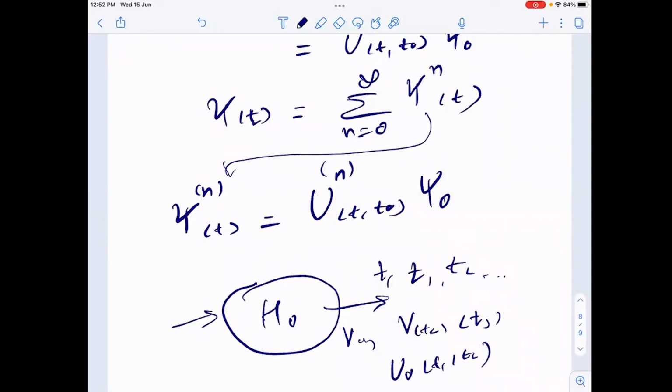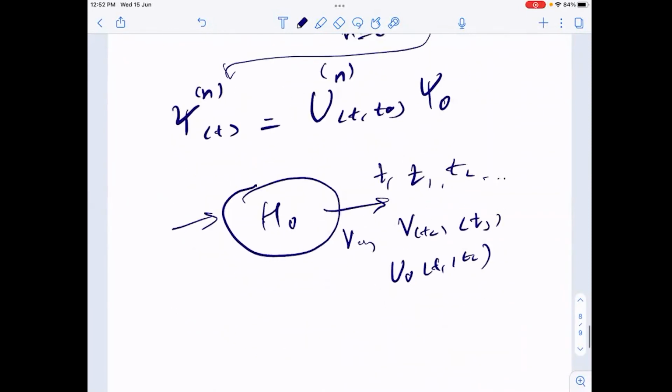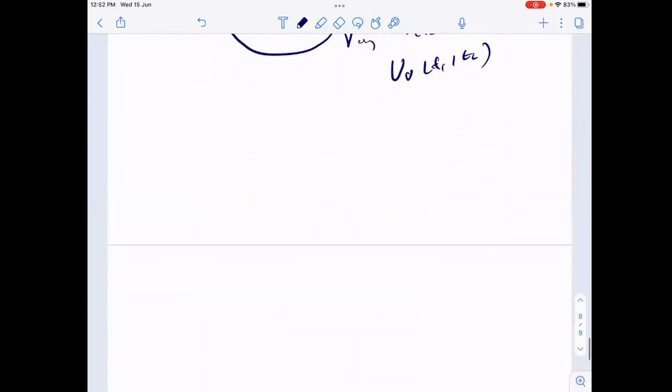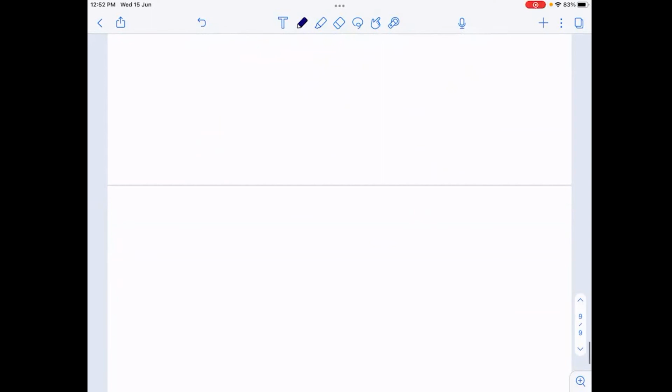Then again, it undergoes interaction at potential V(t1) at time t equal to t1 and reaches the final stage from psi i to psi f at time t. Okay, so let's understand with the help of a Feynman graph. It's a Feynman diagram which is depicting the zero, first, and second order contributions in terms of the time evolution operator.